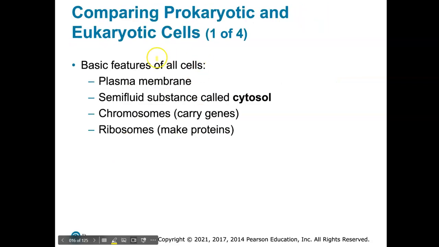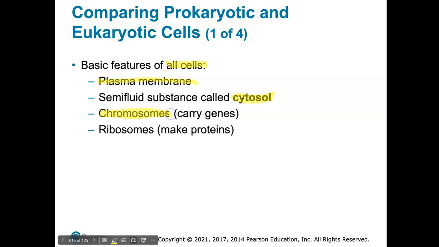Now, it doesn't matter what type of cell, prokaryotic, eukaryotic, all cells have these components. All cells have a plasma membrane surrounding the cell. All cells have a fluid or semi-fluid substance inside called cytosol. All cells have DNA, and all cells have at least one chromosome, because a bacterial cell tends to just have one large circular chromosome.